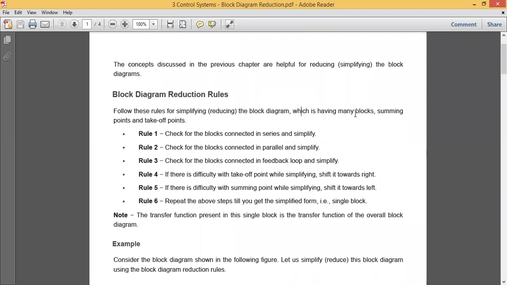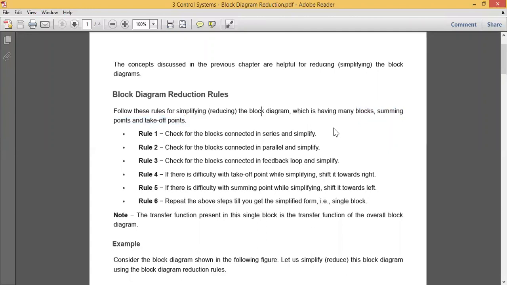We'll see one by one. There are some rules used for reducing the block diagram, which may have many blocks, many summing points, and many takeoff points. These are the three basic elements of block diagram: blocks, summing points, and takeoff points.